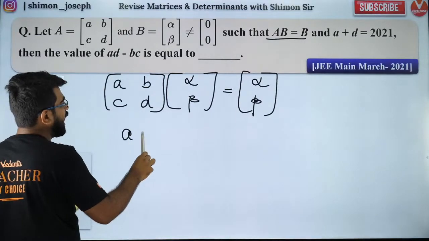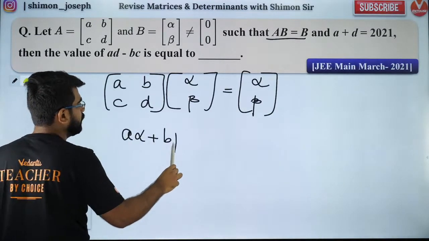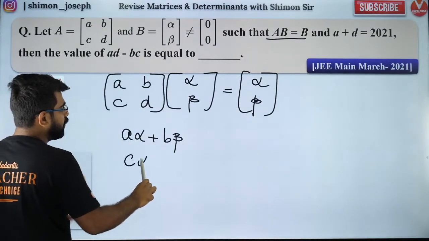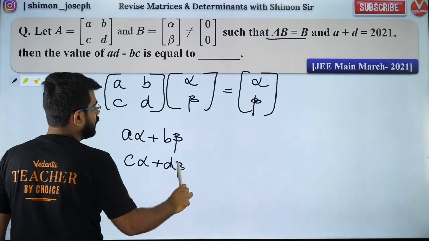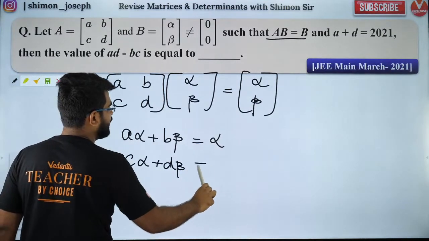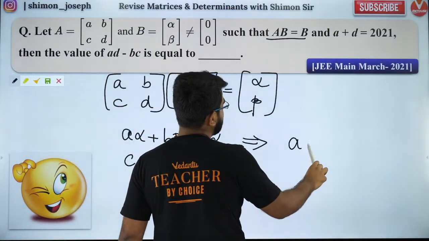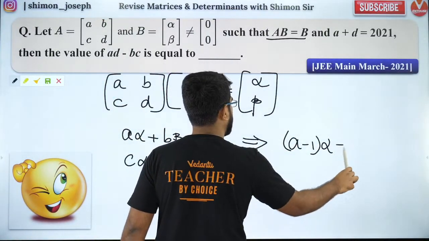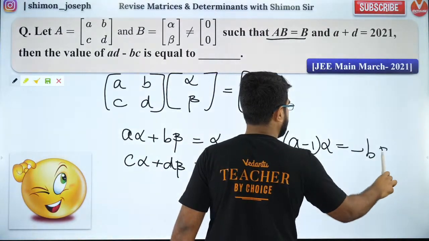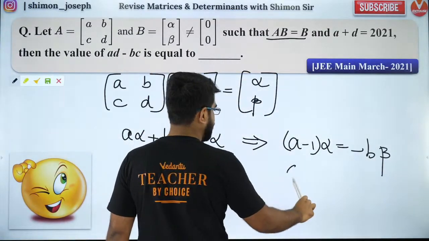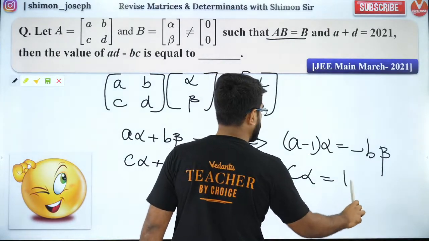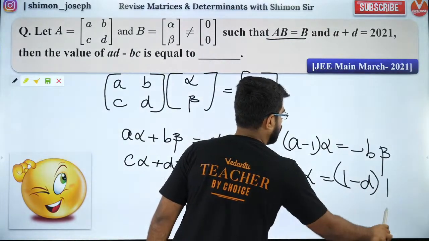So I'll have a alpha plus b beta, and you'll have c alpha plus d beta, equal to alpha and beta respectively. So now I will rewrite this as (a minus 1) alpha equals minus b beta, and here I can write it as c alpha equals (1 minus d) times beta.